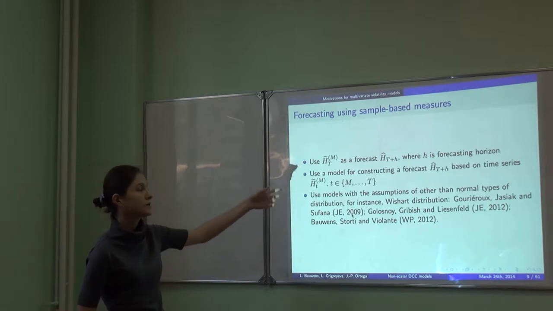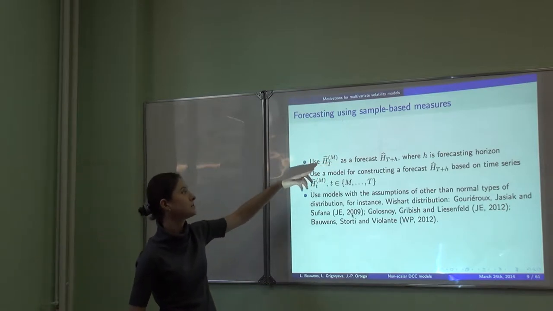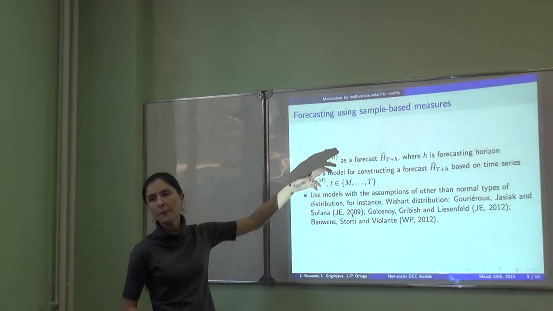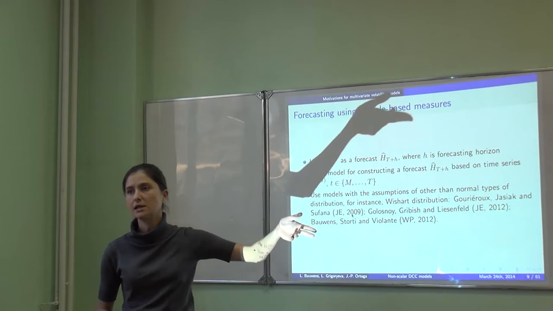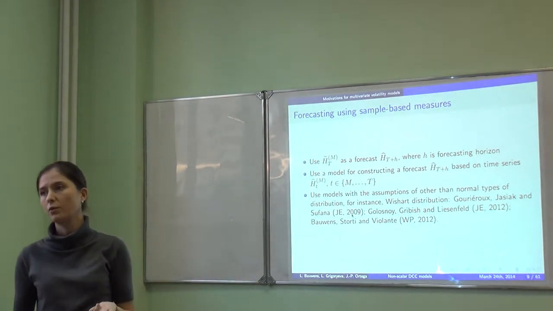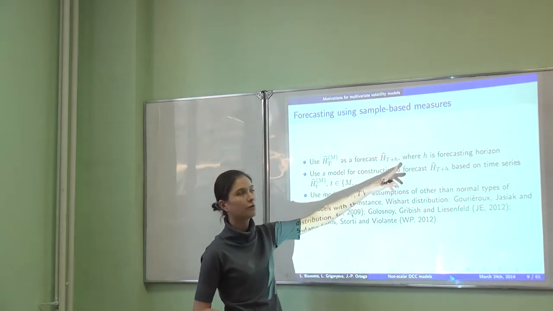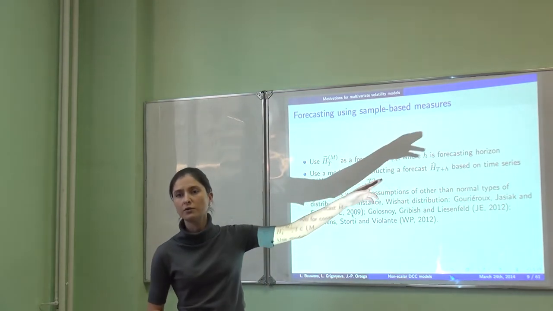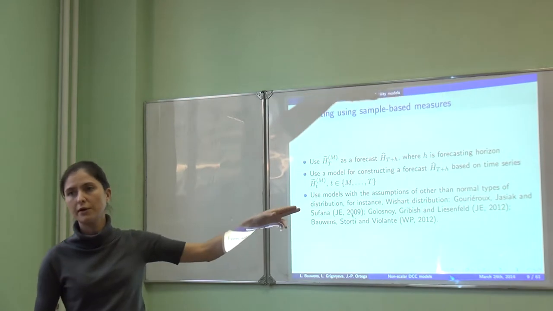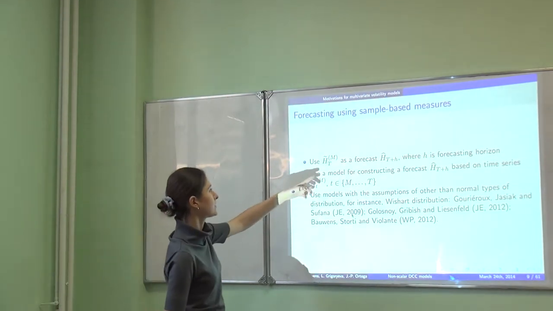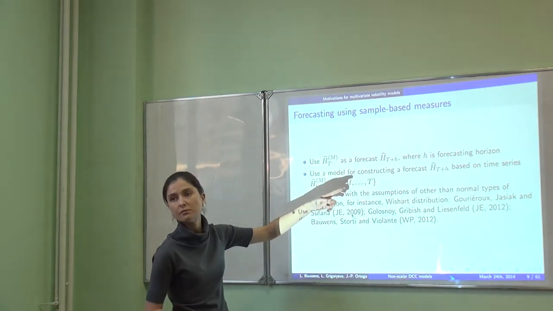We take the covariance matrix of our asset returns with some rolling window M, and we assume that forecasting is done with exactly the same value of our covariance matrix, which of course is not that good, because depending on our forecasting horizon, it is not reasonable to assume that the conditional covariance matrix will be the same as, for example, at the moment of time t.